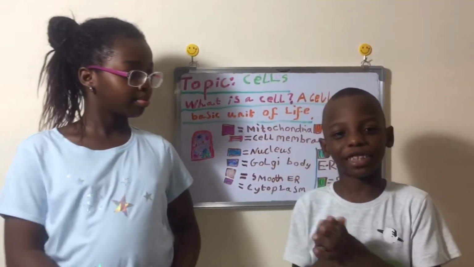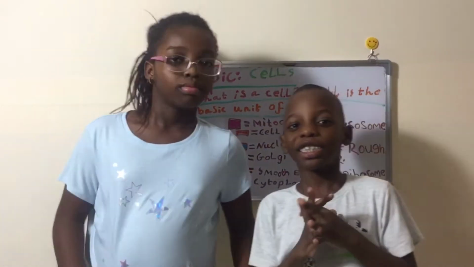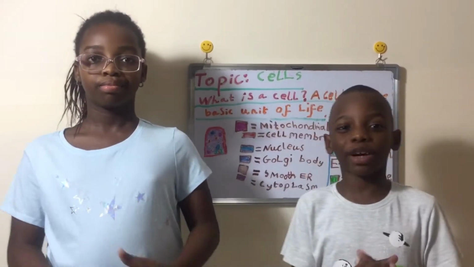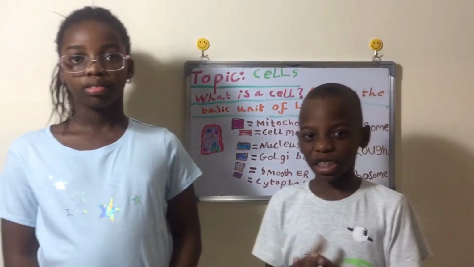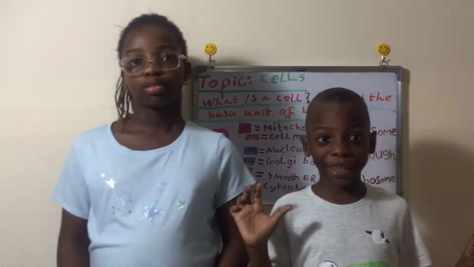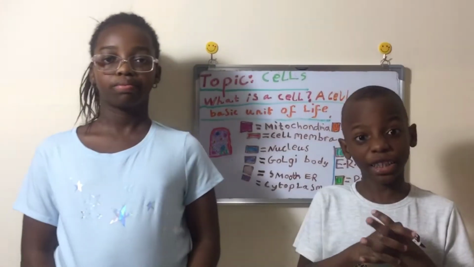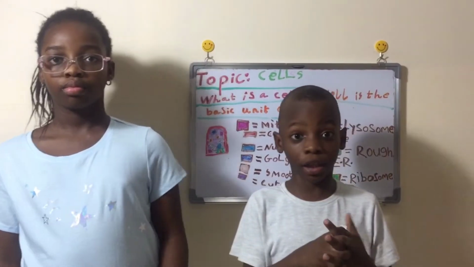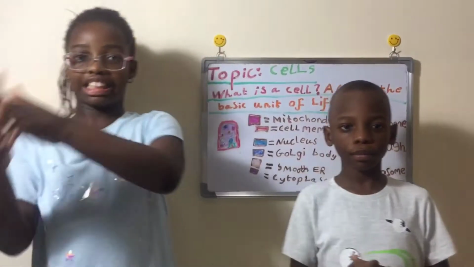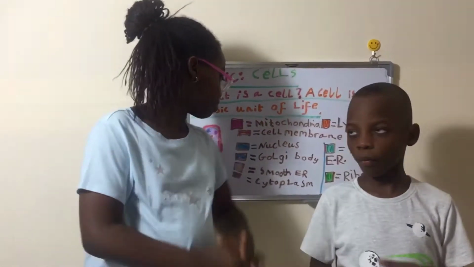But if the cell is damaged, then these turn suicidal. And that's why they're called the suicidal bags. Then they explode and the digestive enzymes start eating the cell. So that's the reason why they're also called suicidal bags.